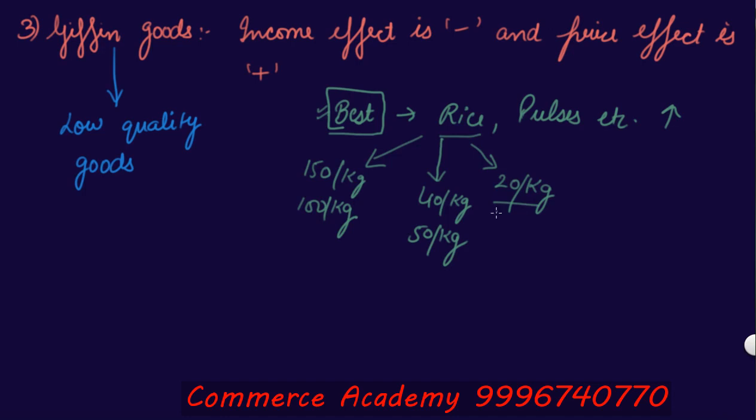So this 20 rupees per kg rice is your Giffen good. If the price of the good increases from 20 to 50 rupees, it will become your normal good. So with the rise in the price, the quantity demanded of this good will increase. This is the exception to your law of demand.